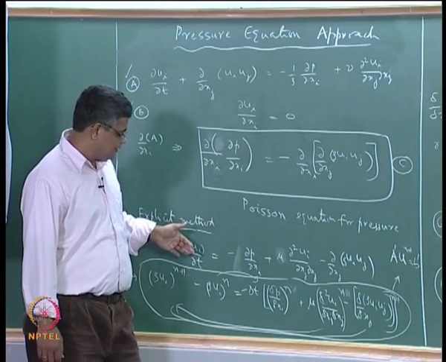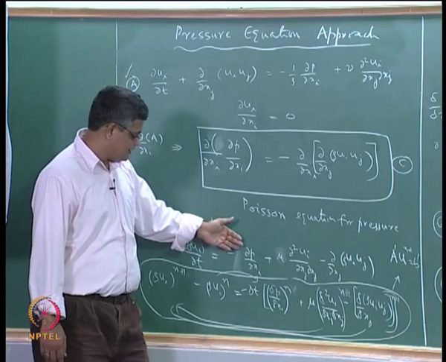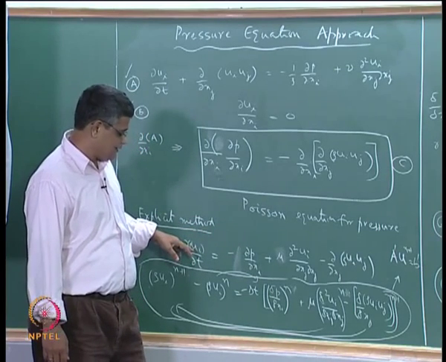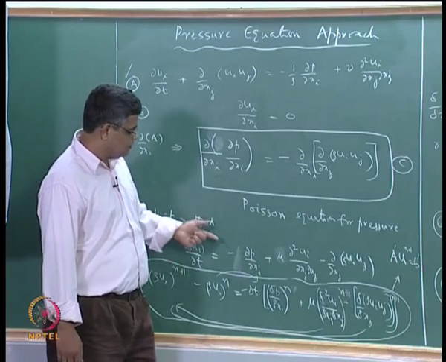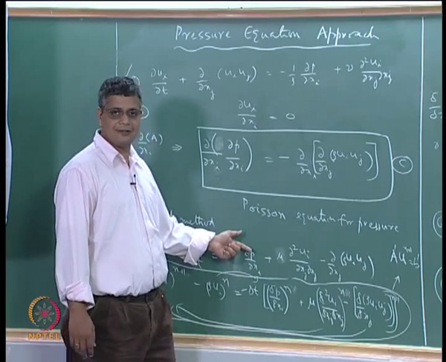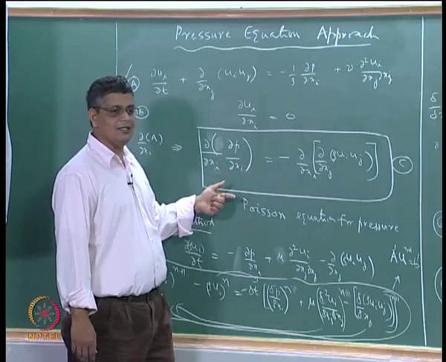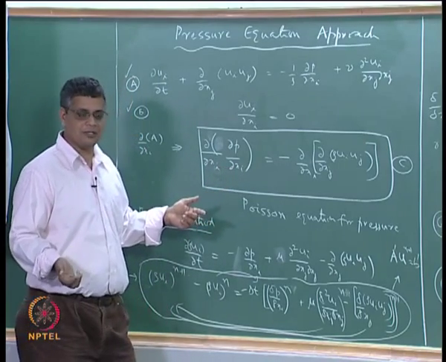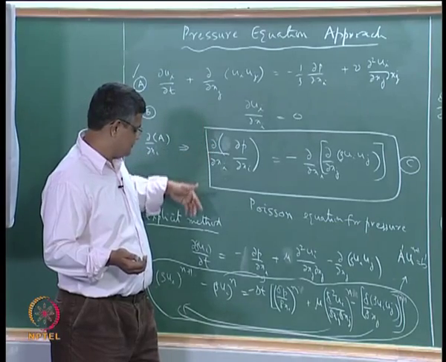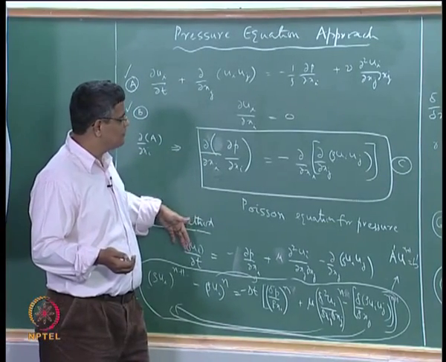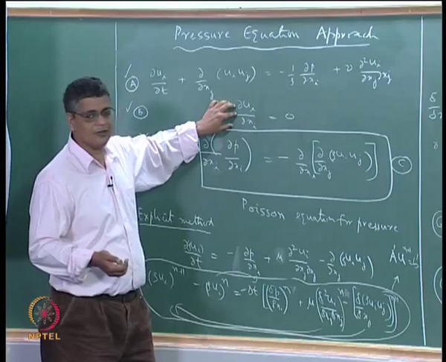So having gotten an estimated velocity field from a guess pressure field, we now want to make a correction to the guess in such a way that we get an improved pressure which will give us a more correct solution which will satisfy the continuity equation.